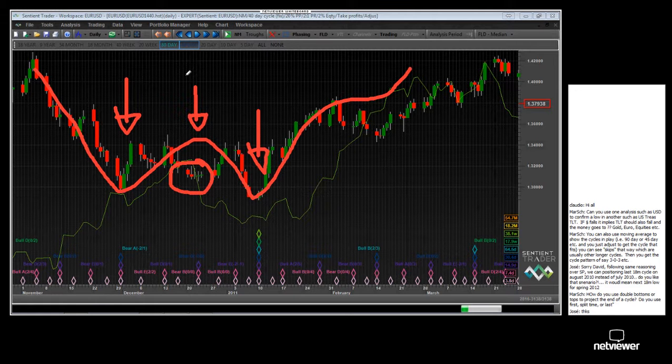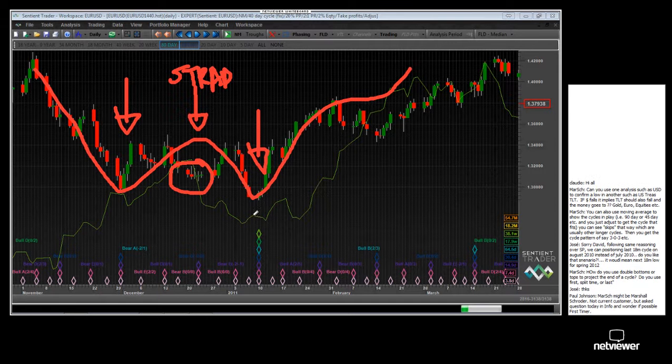The answer to that question is not as simple as do you take the first, second, or split. The answer is it could be either one of them. This one would be considered a straddled trough. That would be a straddled trough if it happened over there. And whether you use the first or the second one depends on how long the cycles are and how your analysis breaks down into shorter cycles.